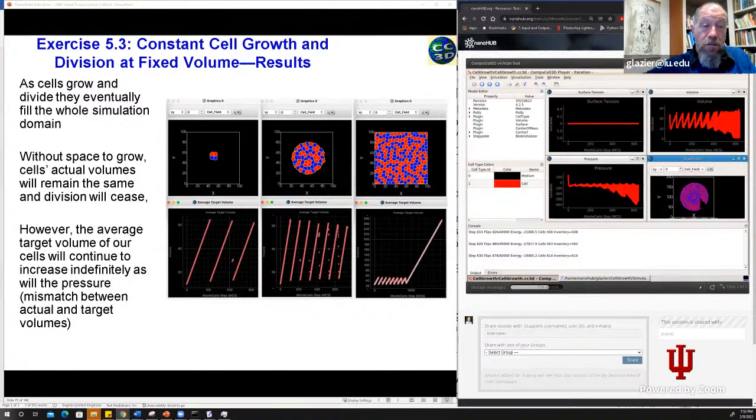If my target volume is 50 and my lattice is 200 by 200, so 200 by 200 is, let's see, 40,000. 40,000 divided by 50 is 4,000 divided by 5.